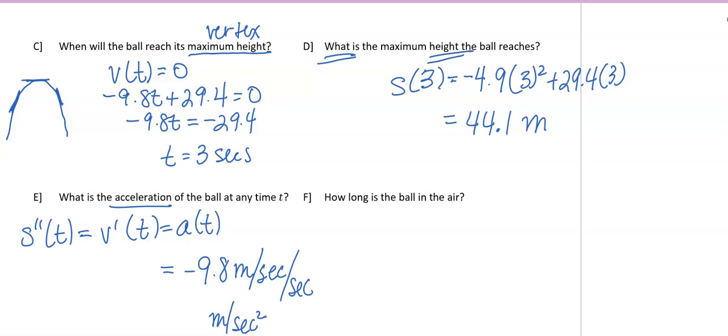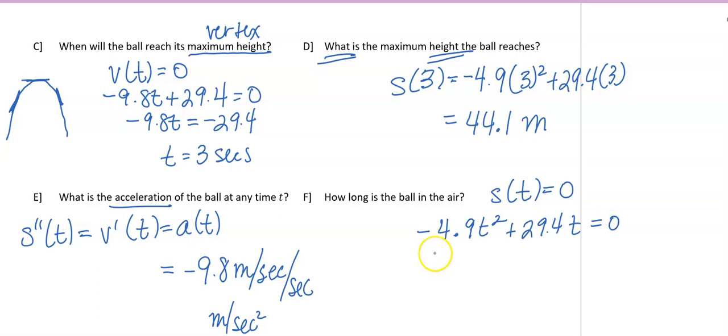All right, for part F, they want to know how long is the ball in the air. Well, the ball is no longer in the air when it's sitting on the ground or when the position is equal to 0. So what we will do is the position, negative 4.9 t squared plus 29.4 t equal to 0.